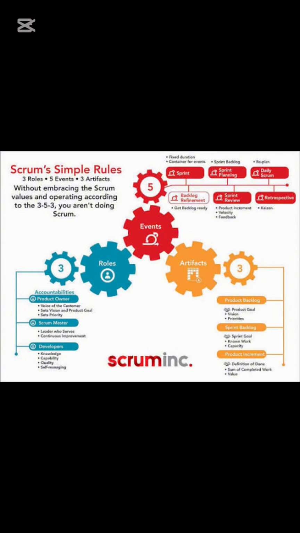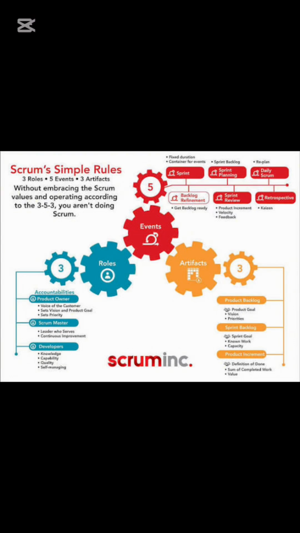Scrum theory. Scrum is founded on empiricism and lean thinking. Empiricism asserts that knowledge comes from experience and making decisions based on what is observed. Lean thinking reduces waste and focuses on the essentials.